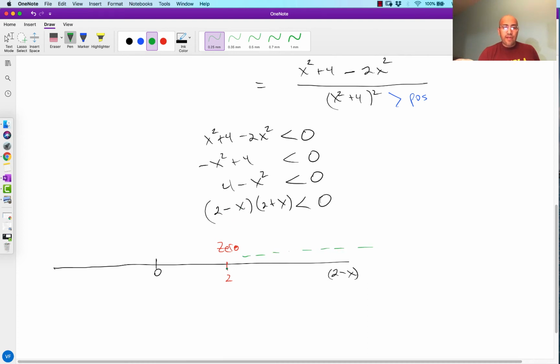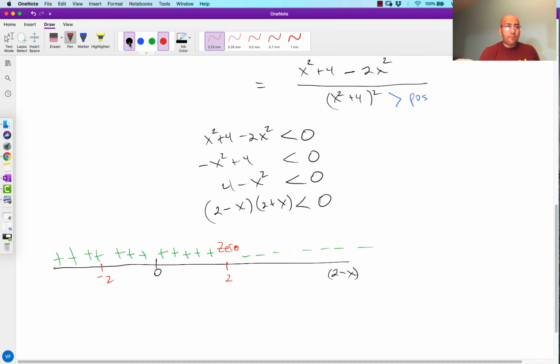And if we put in values to the left of the 2, like a 1, or a 0.5, or a 0, or a negative number, we end up getting positives in this direction, all the way that way, including going into the negatives. Note that if we plug in a negative 2, 2 minus negative 2 becomes positive 4.